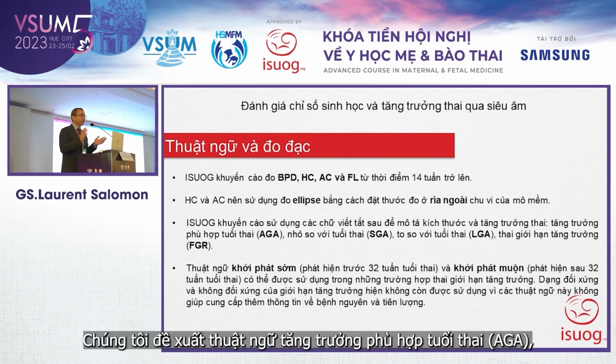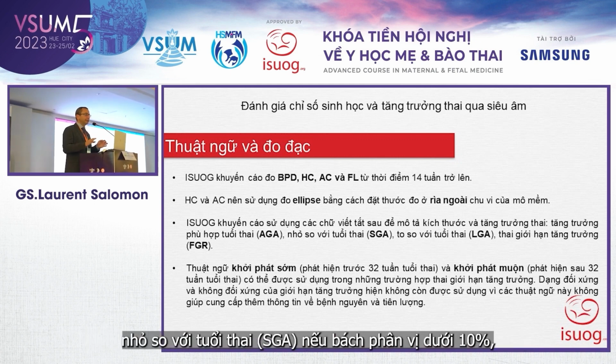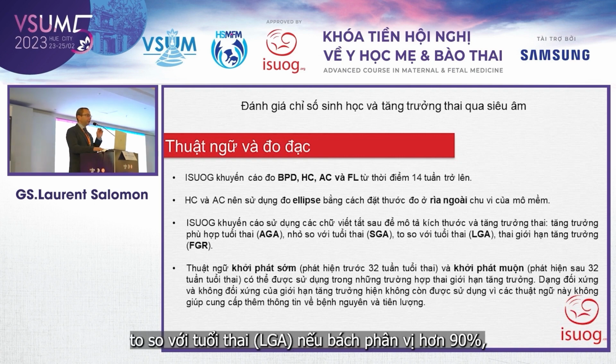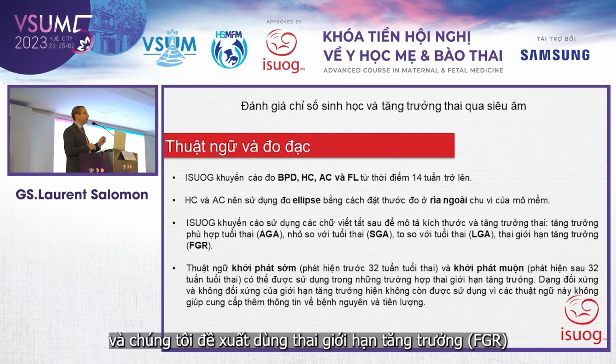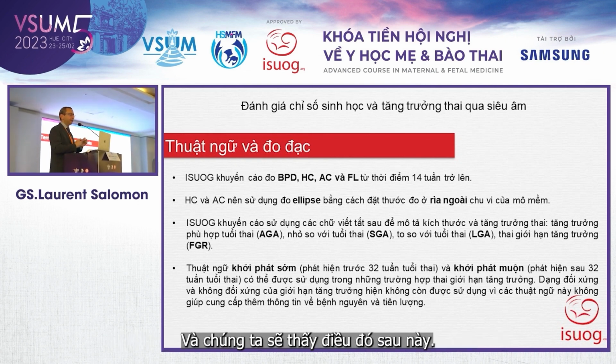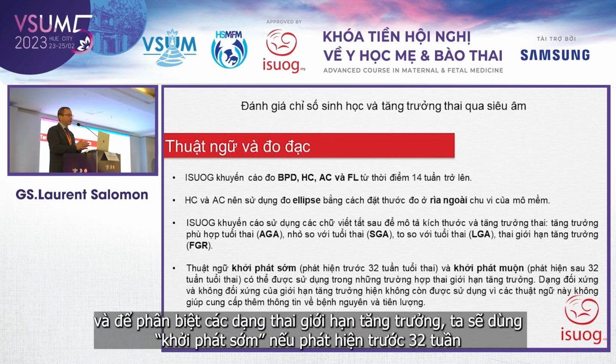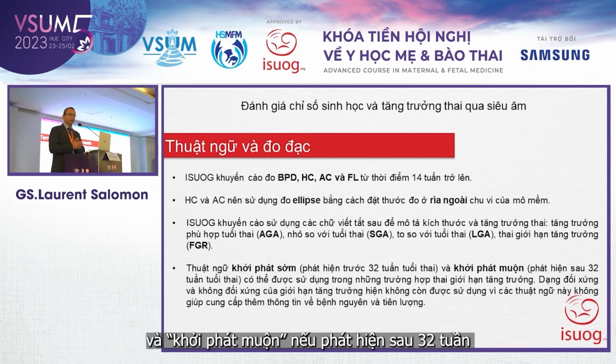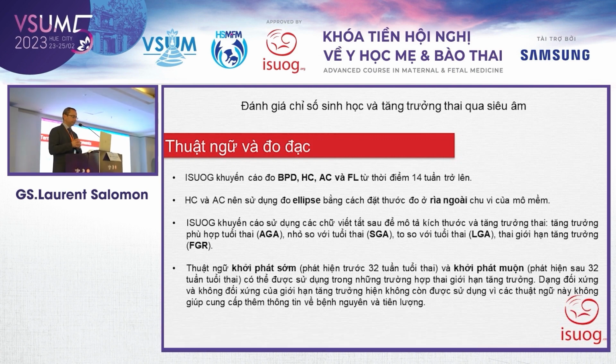We recommend to use appropriate for gestational age or small for gestational age when it's below the 10th centile, large for gestational age when it's above the 90th centile, and we recommend to use fetal growth restriction whenever it encompasses the criteria for growth restriction, and we will see that later on, and to differentiate between early growth restriction, which is growth restriction happening before 32 weeks, from late growth restriction, that is growth restriction happening after 32 weeks.